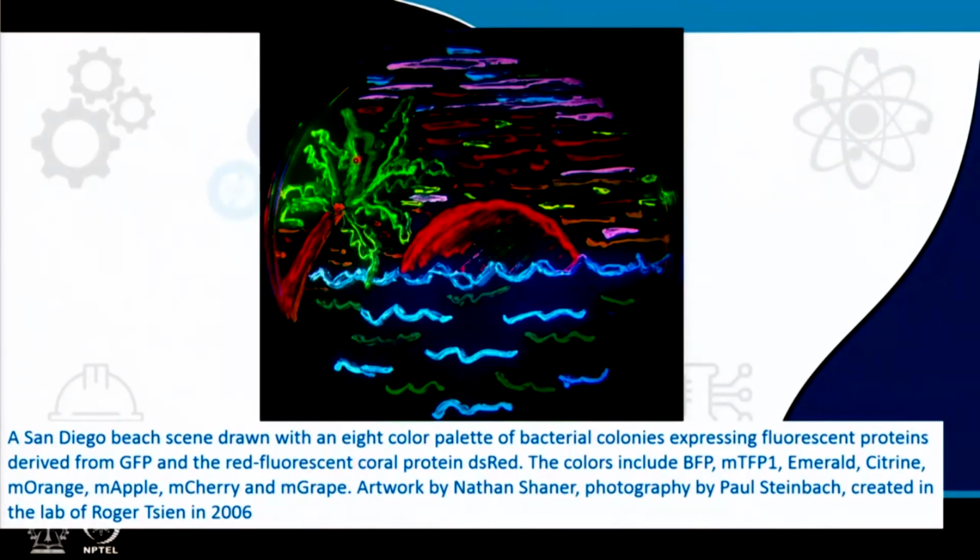These are all bacterial cells engineered with GFP and the red fluorescent protein, and different colors are developed by engineering those proteins. This is an artwork by Nathan Shaner and photography by Paul Steinbach, created in the lab of Roger Tsien in 2006.